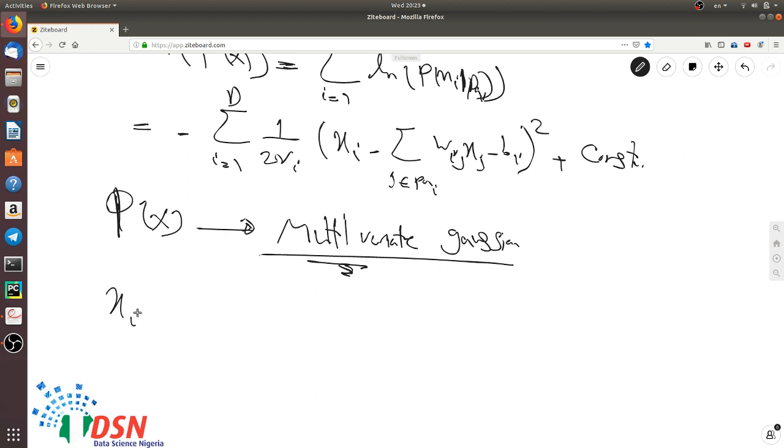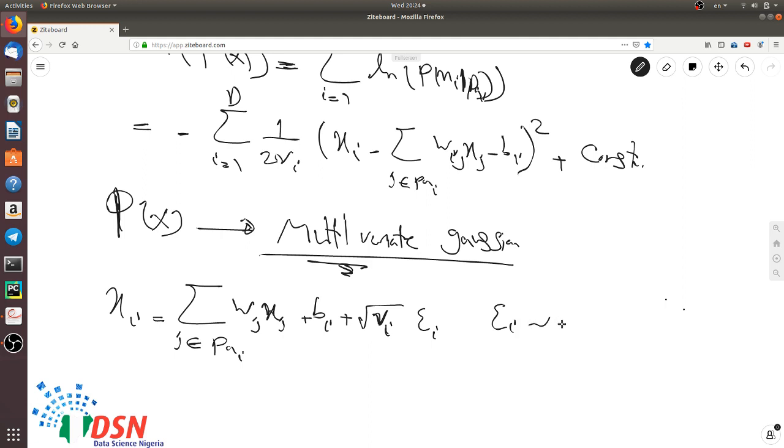We know that xi is equal to the linear combination of parent nodes plus bi plus the square root of vi times epsilon i, and here epsilon i comes from a zero mean and unit variance Gaussian distribution. So this is a way to write xi.